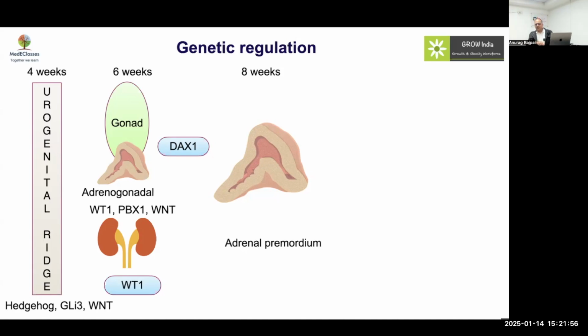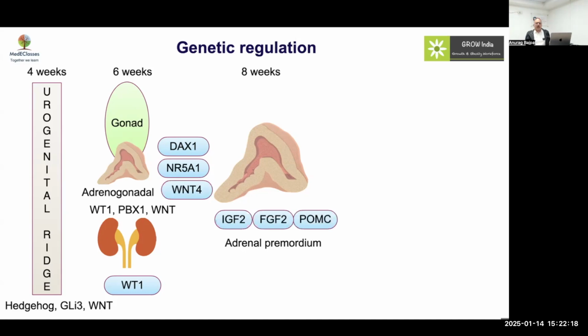There will be no problem to begin with in the initial phase, but then the LH and FSH will be defective. So NR5A1 and DAX1, as Dr. Alapan has mentioned, are antagonistic to each other and their defects cause combined adrenotesticular defects along with WNT4.